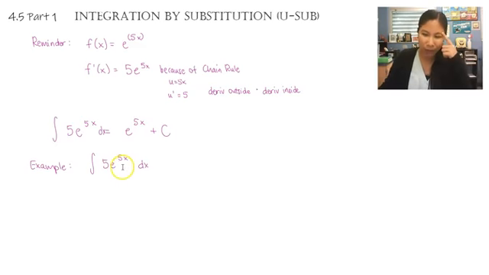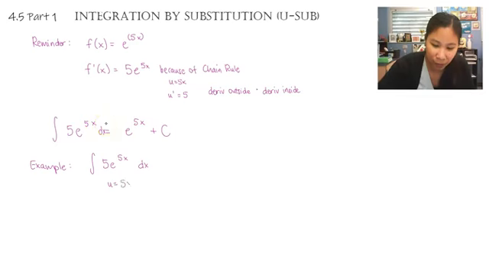And then you want to quickly think, the derivative of 5x would be 5, and that also exists in the problem. That's something we want to pay attention to as we're trying to find integrals.